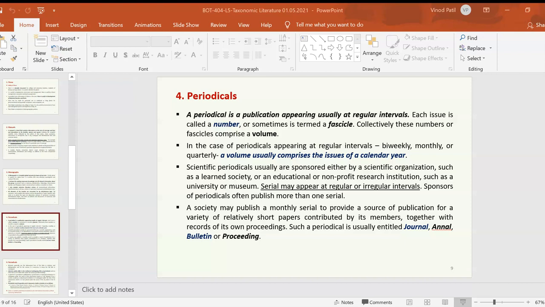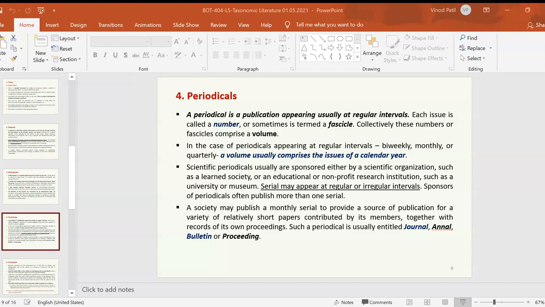So in the case of periodicals appearing at regular intervals, that is bi-weekly, fortnightly, monthly, or quarterly, a volume usually comprises the issues of a calendar year. The numberings are given accordingly.